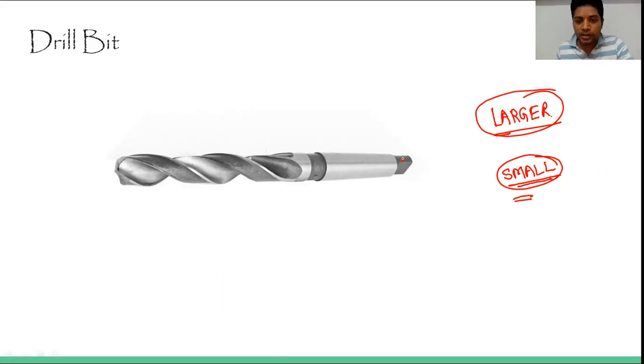First, this part is a little bit rectangular, and over the sides there is a small circular section. We call this the tang. Now this part, which is cylindrical but a little bit tapered in section, we call the shank.